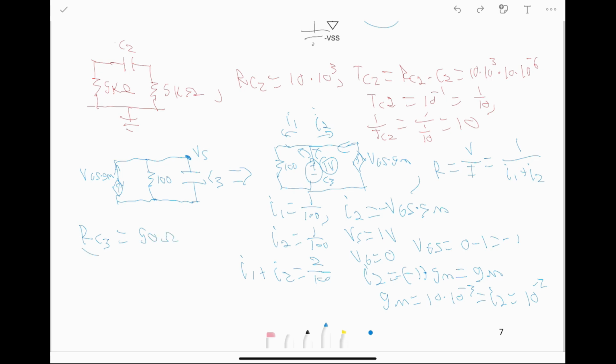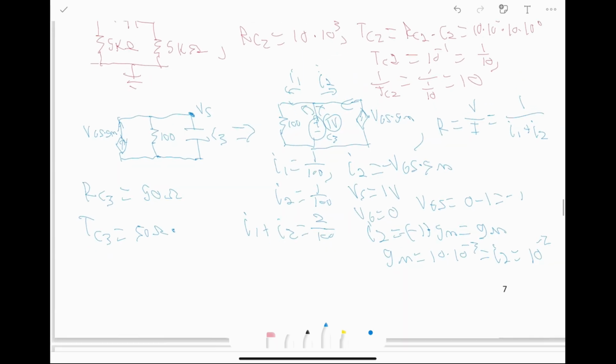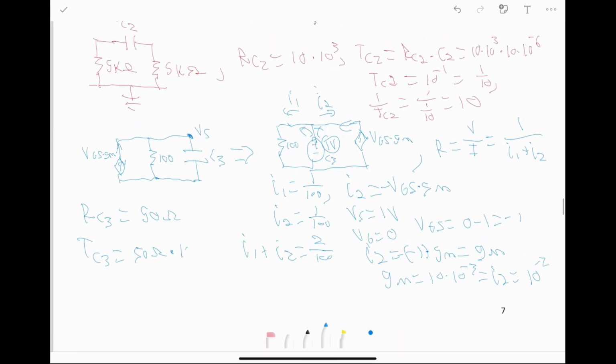And that's the resistance. All we need to do to find tau C3 is multiply 50 ohms, RC3, by the capacitance, which is 10 times 10 to the negative 6, 10 microfarads. And that's tau C3.